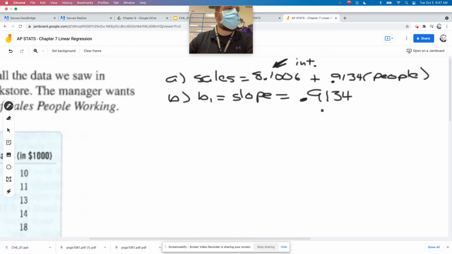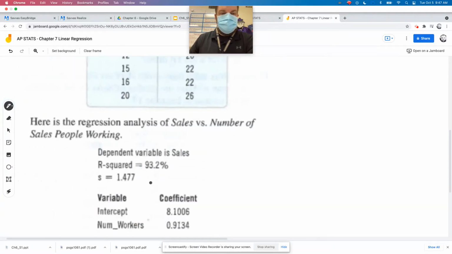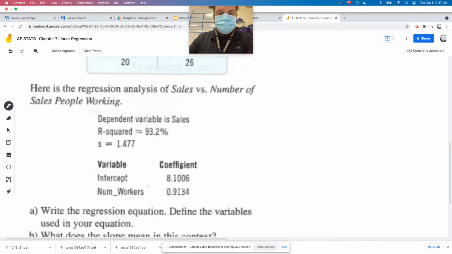And then let me go back and read part B. So first I need to know the slope. So this is my intercept. And remember, according to the notation, this was B naught, right? And according to our notation, this was our slope. So that's where those numbers are coming from.